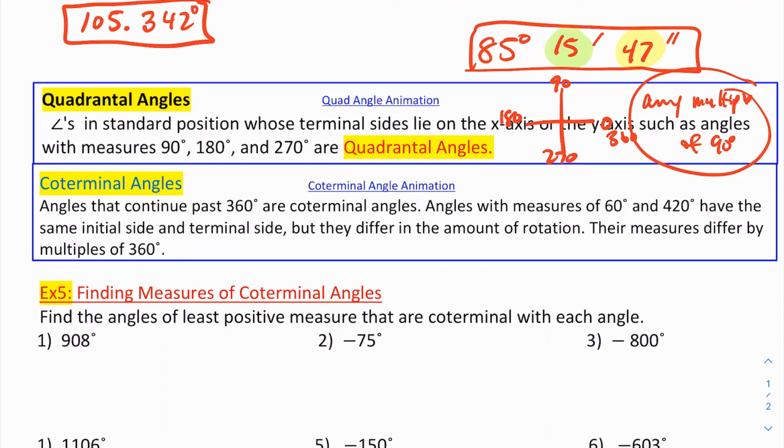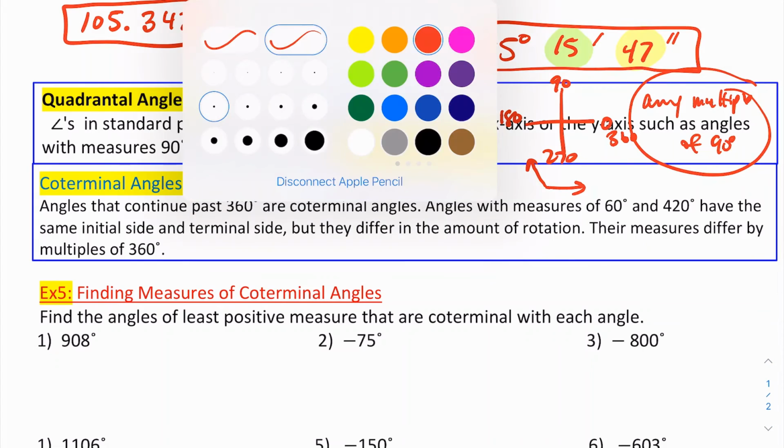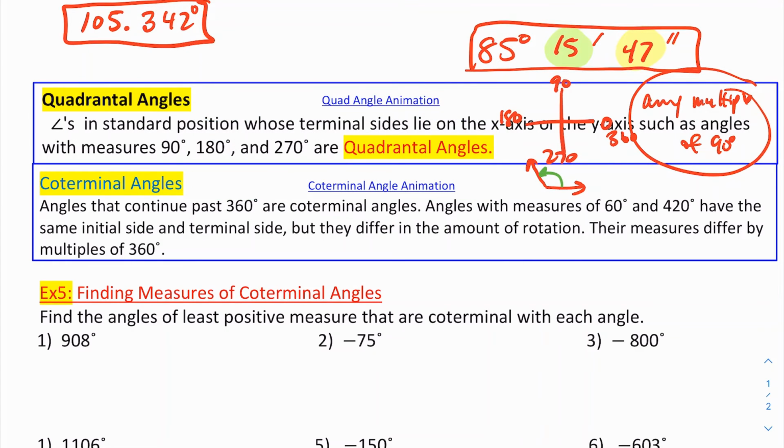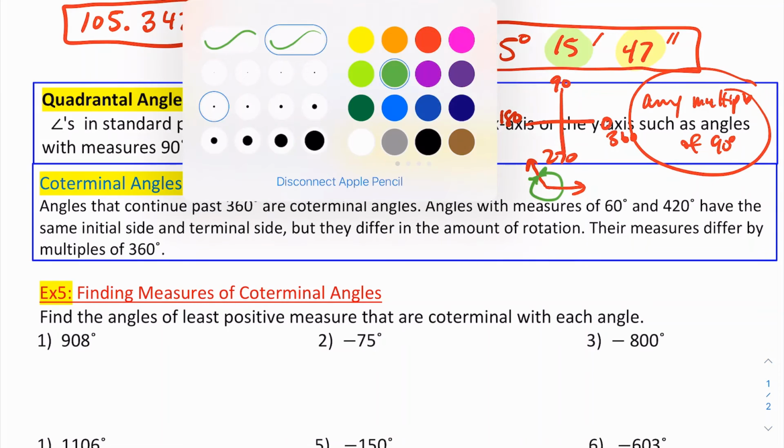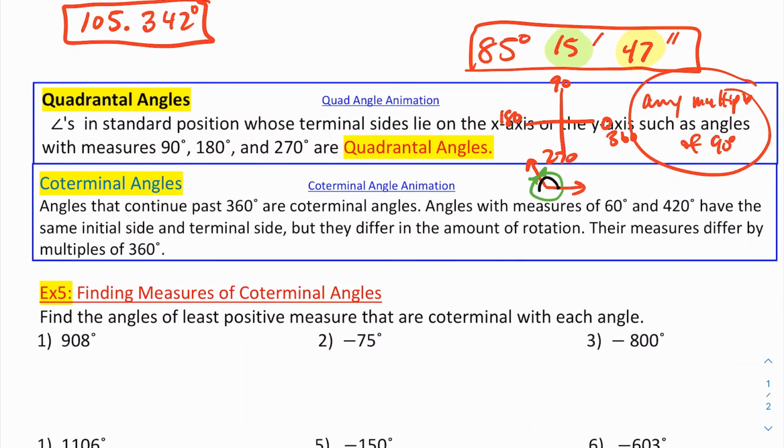Coterminal angles are angles that start in the same place and end in the same place, but take a different route to get there. So this angle and this angle are coterminal. Also, if I went all the way around and came back and landed there, then this angle and the same angle.